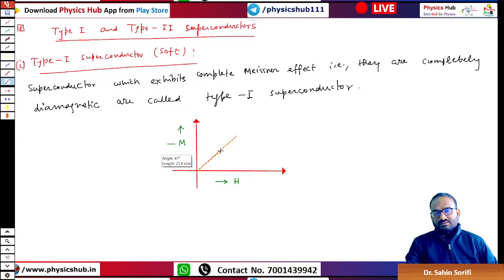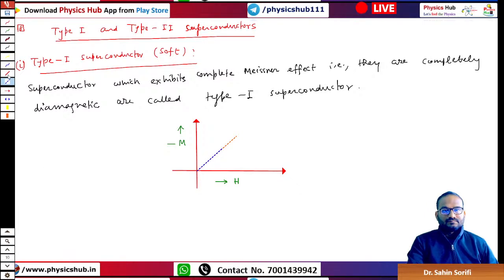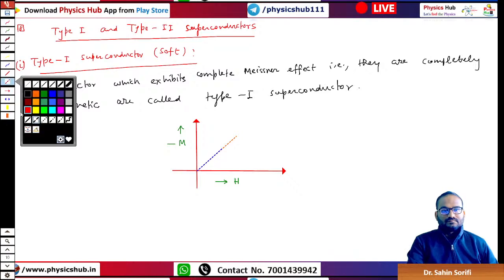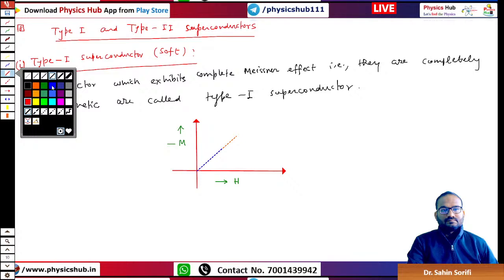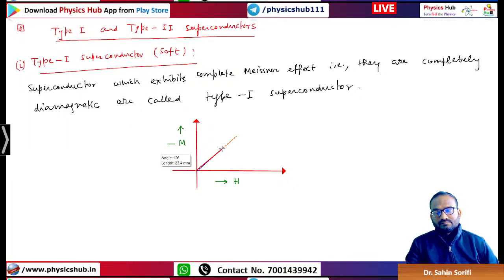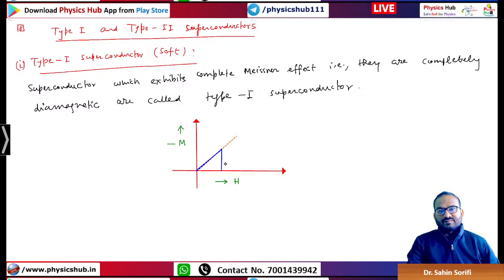For type 1 superconductor, you get this behavior, the value of Hc. This is for type 1.